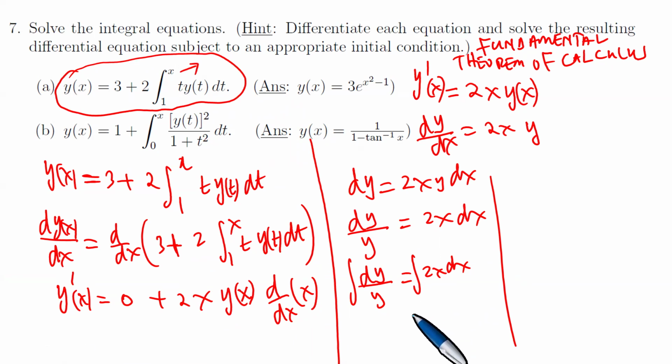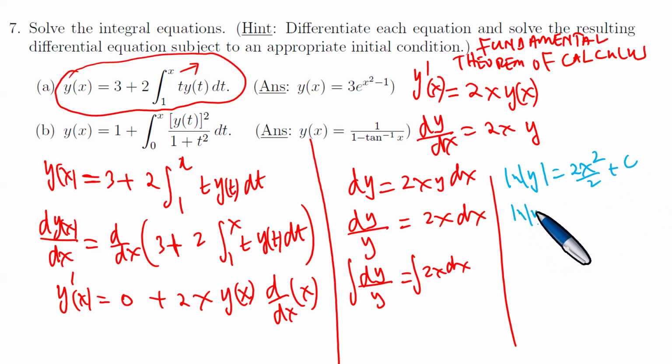Okay, good. So now we integrate. The integral of dy over y becomes ln of y, which is exactly 2x squared over 2 plus c, which is x squared plus c. And then at this point, what are we supposed to do?